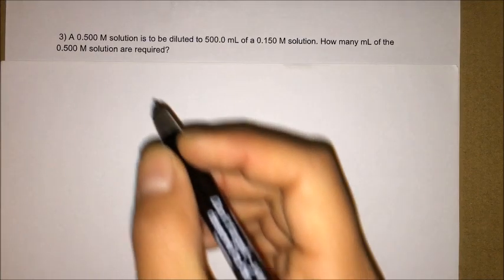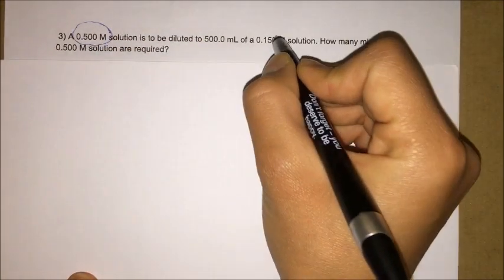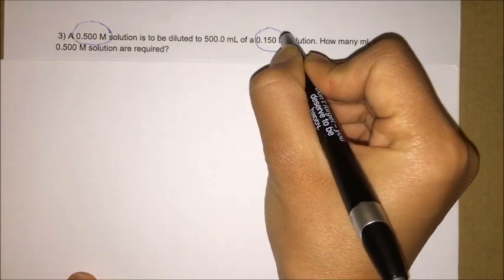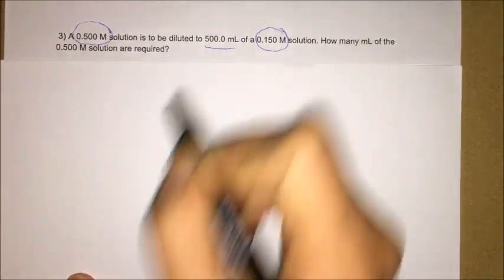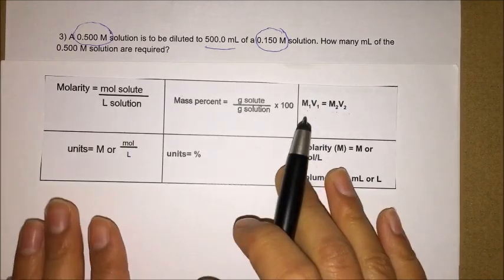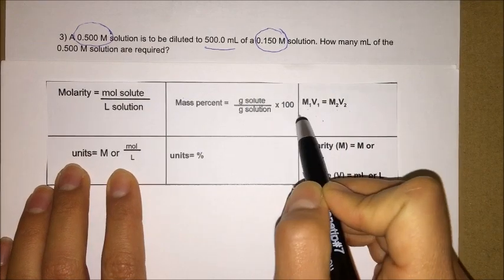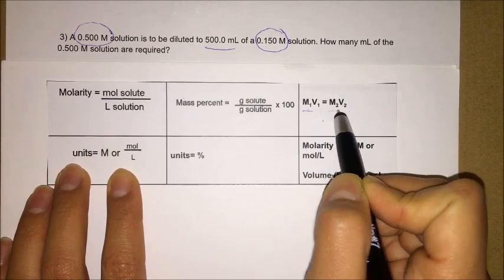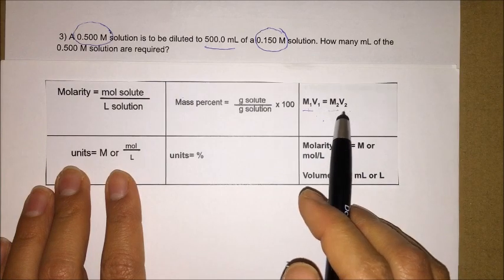So, based off of this question, you know you're given 2 molarity values and 1 volume. Based off of that information, you know you will have to use this equation here because it has a place for 2 molarity values and also a volume.